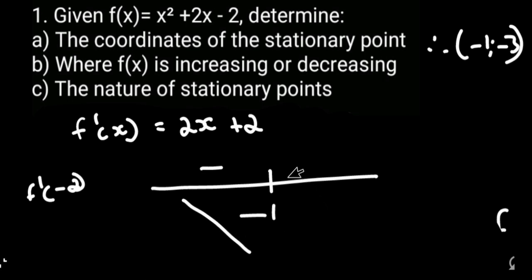On the right of the stationary point, you can substitute 0. If you put 0 for x, the term cancels out and you get plus 2. That means on the right of the stationary point, the function is increasing.